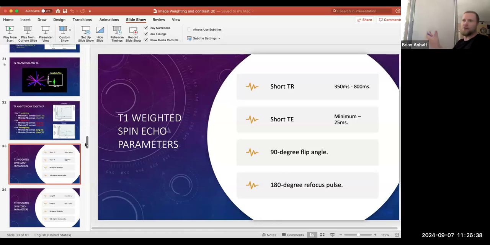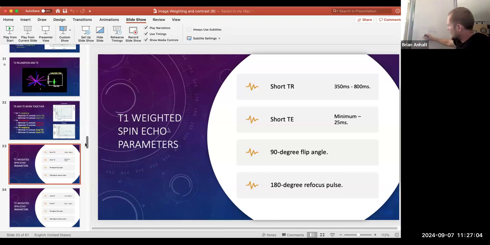That is considered a short TR, generally speaking. It can go outside of that sometimes, but for our purposes, this is what we are going to say is a short TR. So T1 weighting, short TR, going to be 350 to about 800 milliseconds.